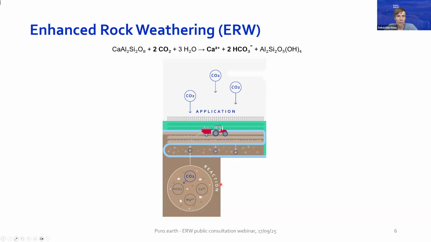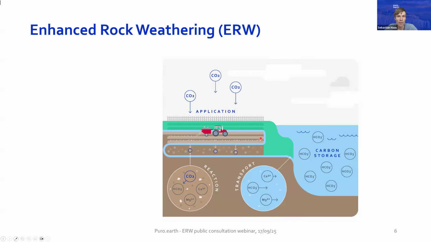This is the core reaction of enhanced rock weathering, creating out of atmospheric CO2 these bicarbonate anions, which can then be transported out of the soil into the groundwater via rivers to the ocean, which constitutes the ultimate storage site for atmospheric carbon under this technology.